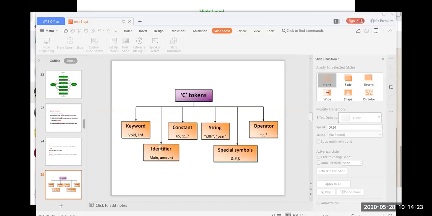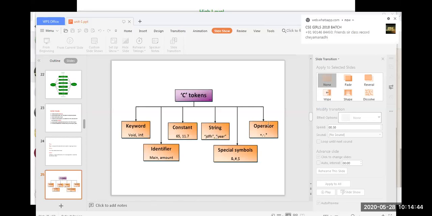We have 6 tokens available in our general languages. For example, we know the C language very well, so we are taking C language as the example. We can divide the C program into 6 categories: keywords, identifiers, constants, strings, special symbols, and operators.